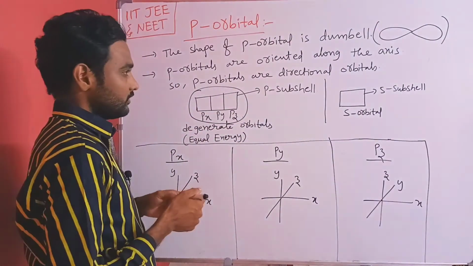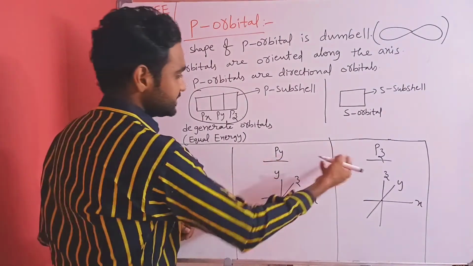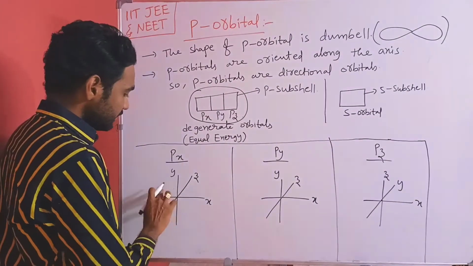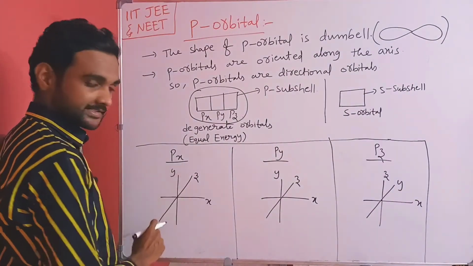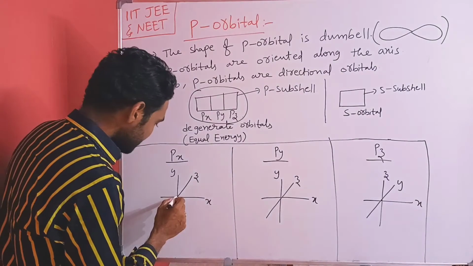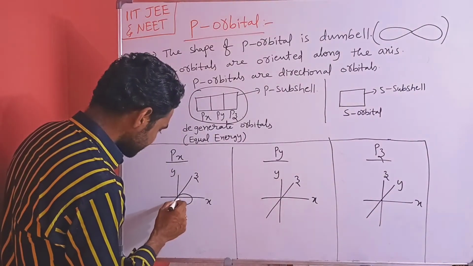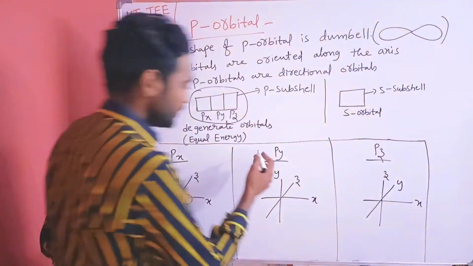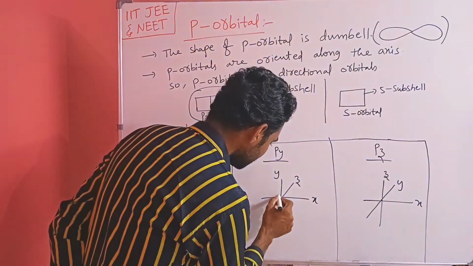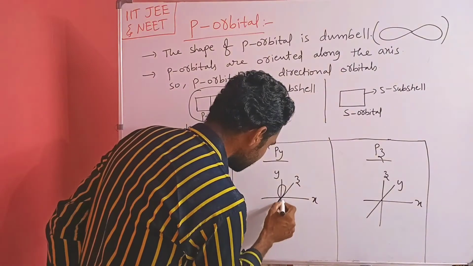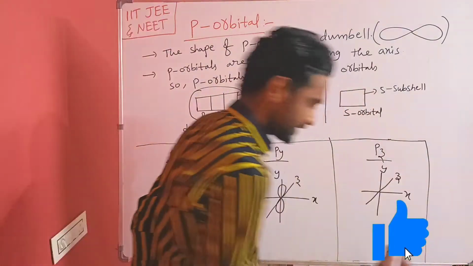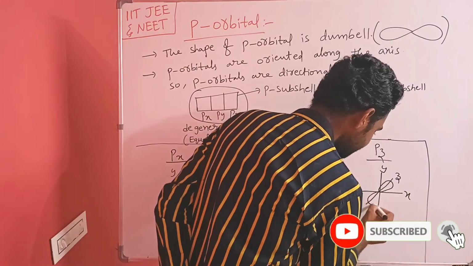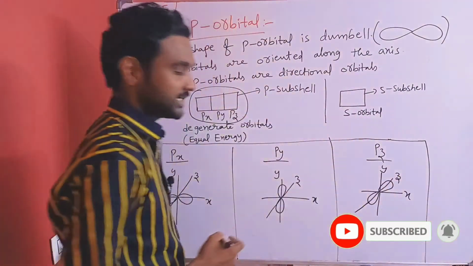Now let me draw px, py, pz shapes. With x axis, y axis, z axis, the lobe on the x axis is called the px orbital; the lobe on the y axis is the py orbital; the lobe on the z axis is the pz orbital.